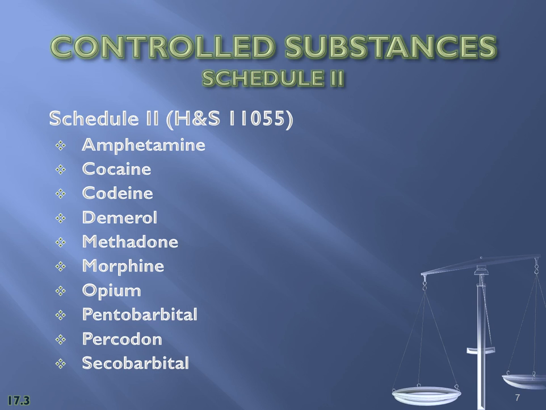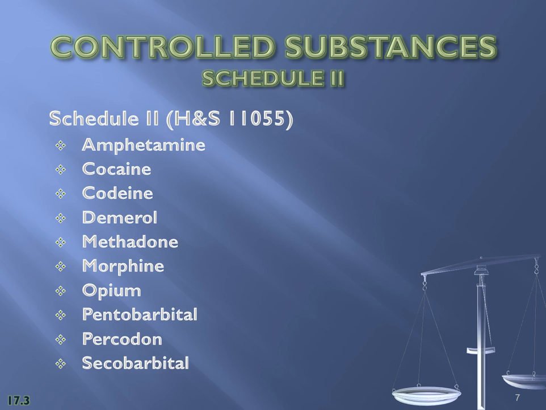So Schedule 2, Health and Safety Code 11055, has the following things listed in it: amphetamine, cocaine, codeine, Demerol, methadone, morphine, opium, phenobarbital, Percodan, and secobarbital. So these are things that are listed in the Schedule 2 area.